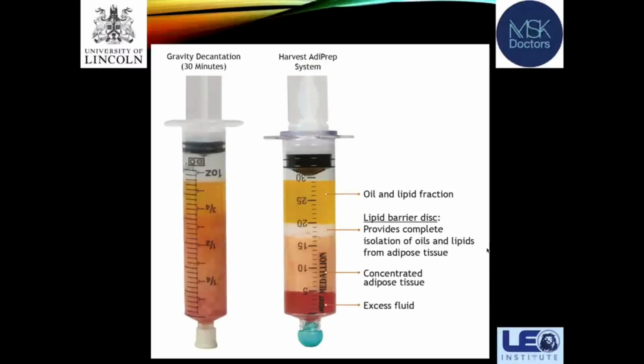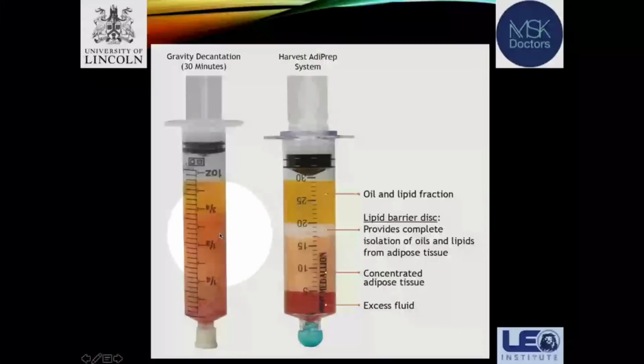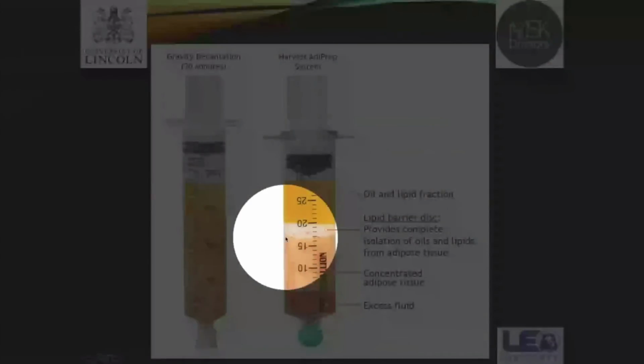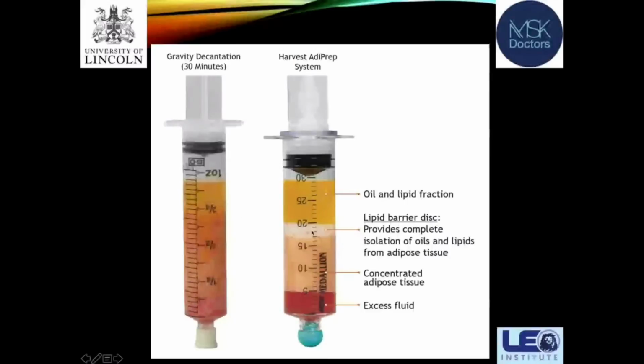To me, just leaving the fat decanting on its own, we wouldn't release anything. We just separate it into different layers. Processing through centrifugation with a bit of gel to separate the fat might help to purify a little bit, but does it actually release those cells? It's unclear.